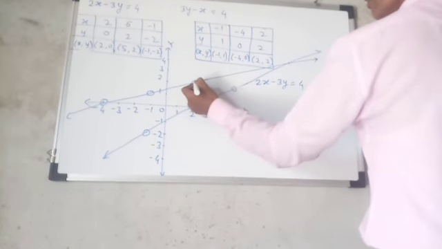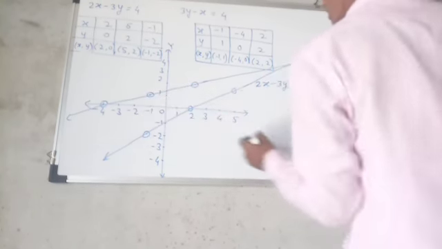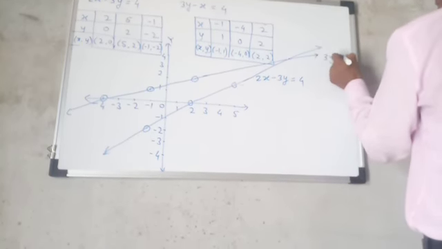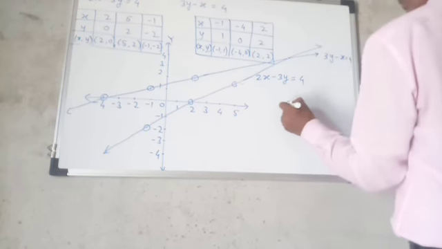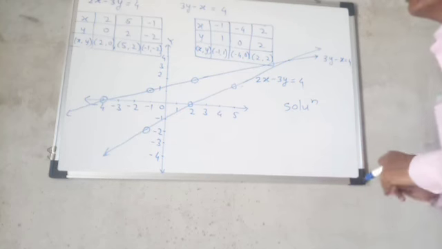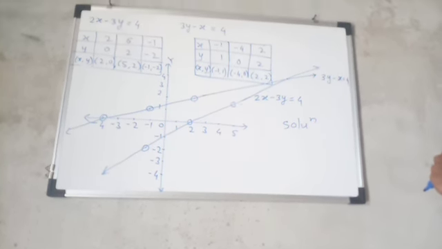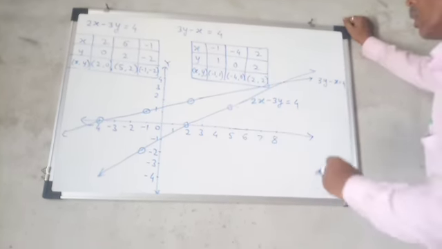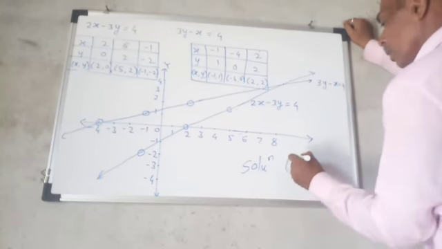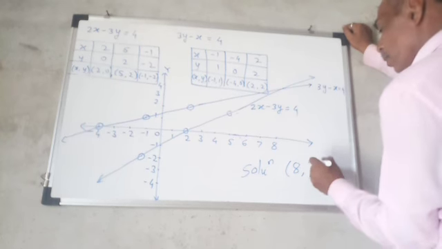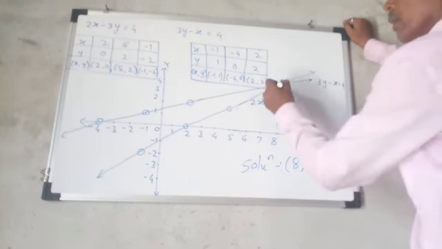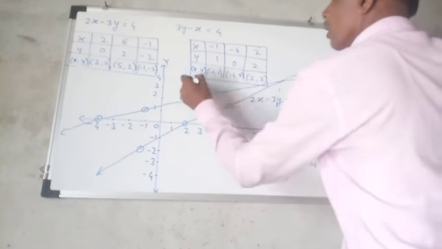Point, minus x is equal to 4. Solution. The solution is x is 8 and y is 4. This is the point of intersection, x is 8, y is 4.